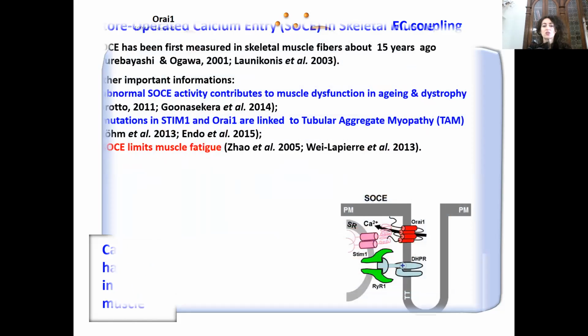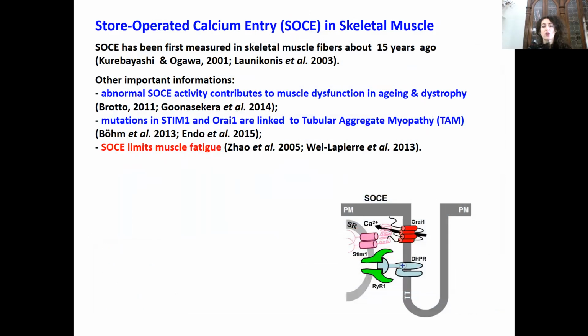The skeletal muscle SOCE was first reported by the group of Ogawa in 2001, and then by a work of Rios and colleagues in 2003. Now we also know that abnormal SOCE contributes to muscle dysfunction in different physiopathological conditions, that mutations in STIM1 and ORAI1 are linked to diseases such as tubular aggregate myopathy, and that SOCE in muscle is important to limit muscle fatigue.